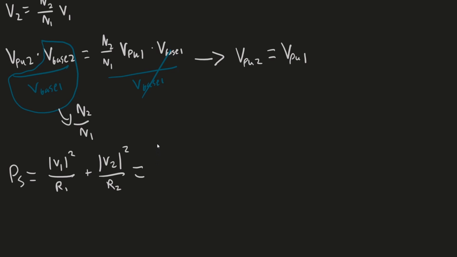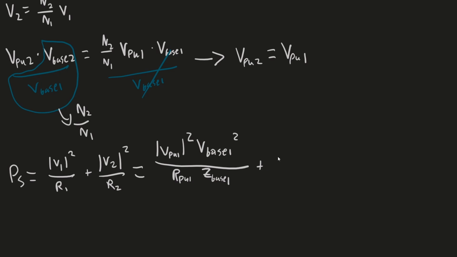What we're going to get here is V per unit 1 squared times V base 1 squared, divided by R per unit 1 times Z base in region 1.